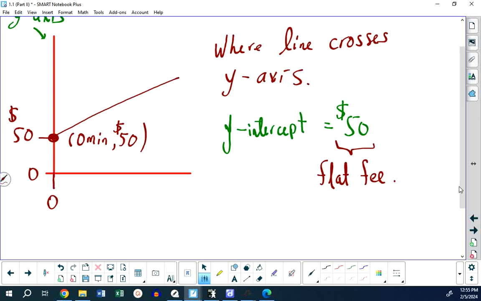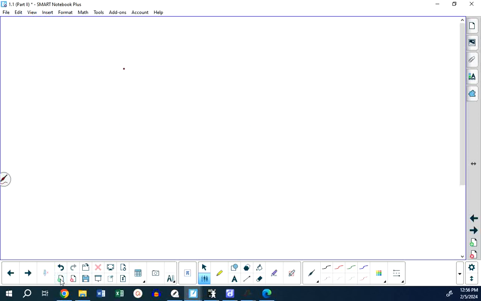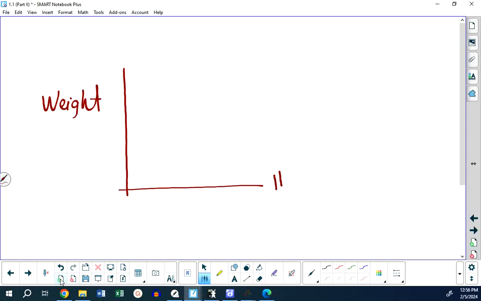Last week on Wednesday, Brennan gave us the example of the logs. Remember that? And he said the weight here and the number of logs here. In fact, I talked about this example probably on Thursday and on Friday of last week because it's a perfect example to illustrate a point here.